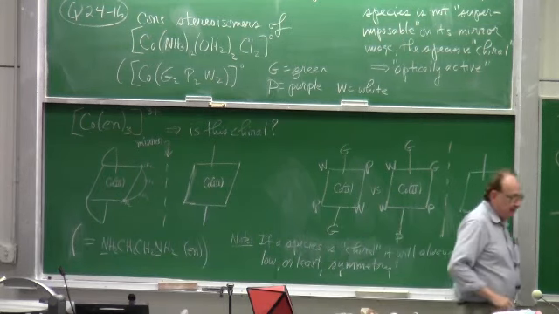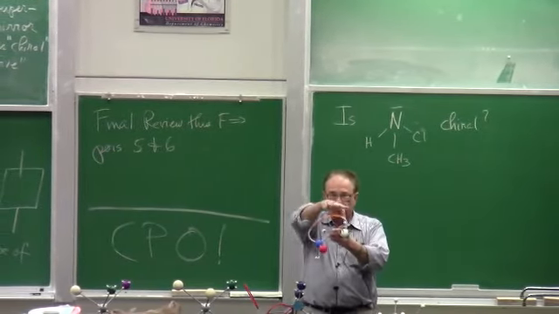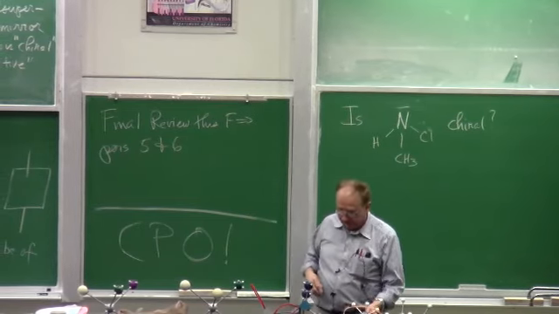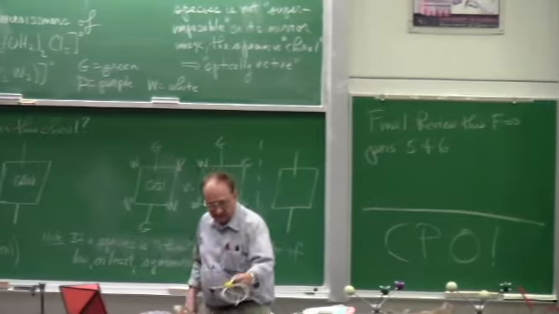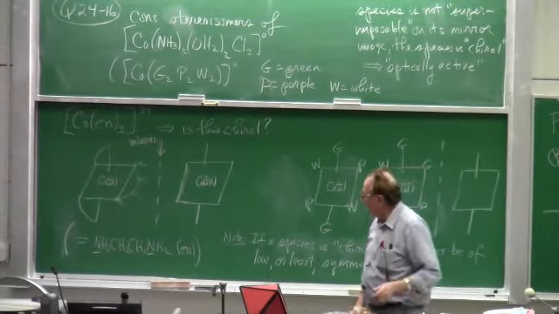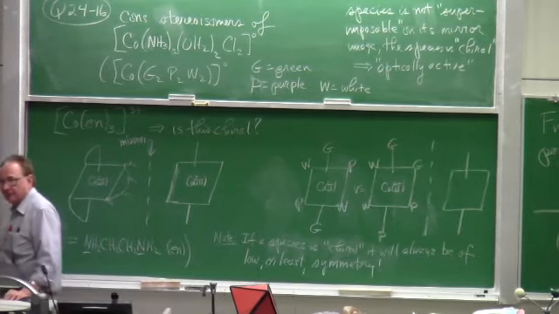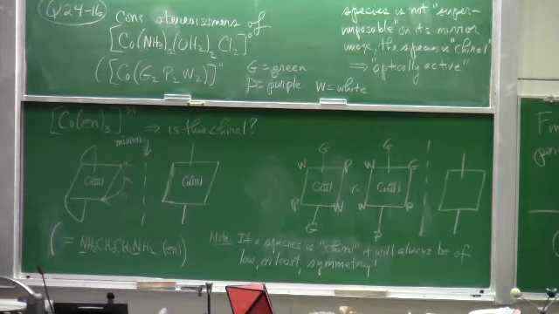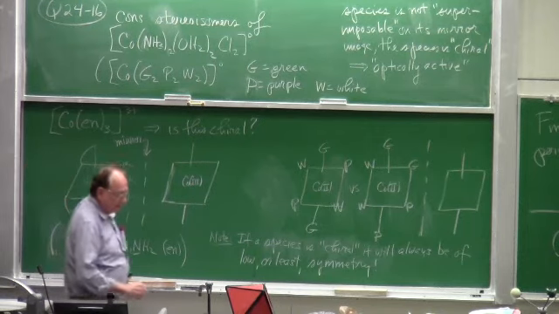So I instead simplify the representation of an ethylene diamine chelating ligand with a loop. Like this. Is this chiral? Well, let's take a look at models.